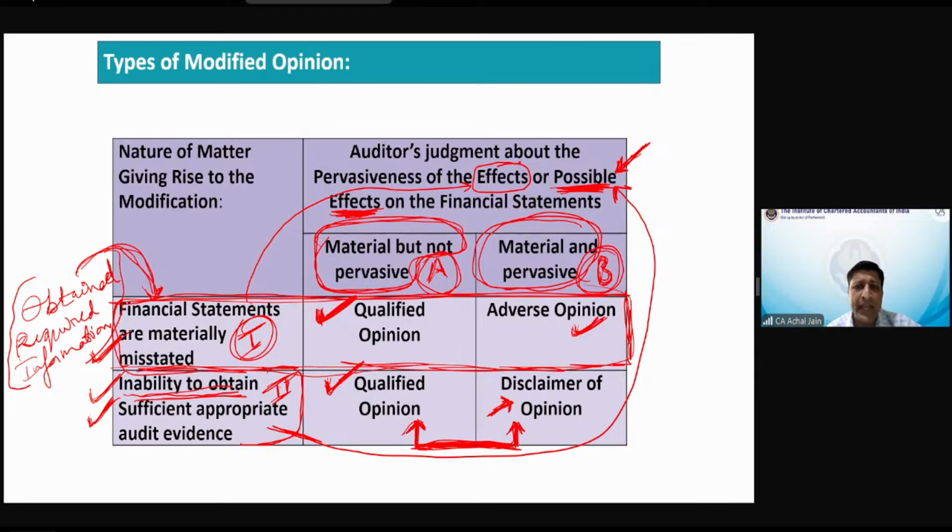Anyone else? Any more questions? Prem is asking, sir, we have seen disclaimer of opinion when those charged with governance don't provide written representation.